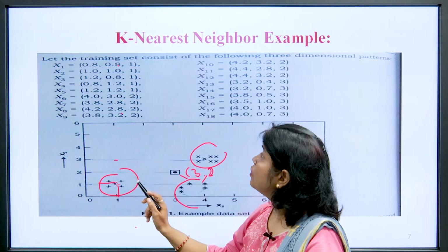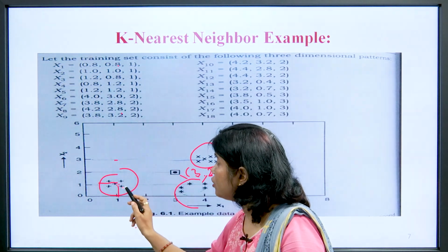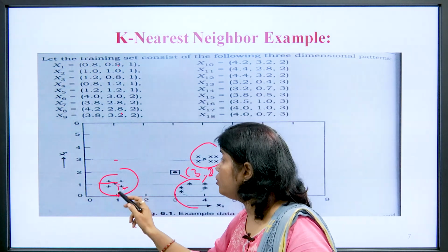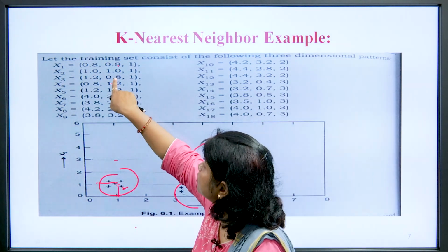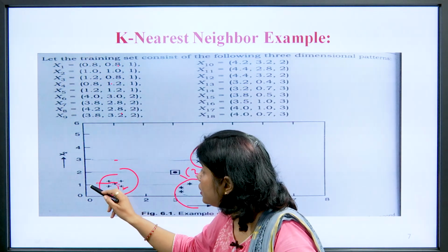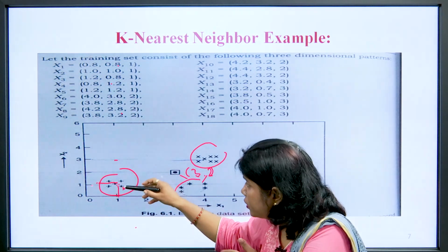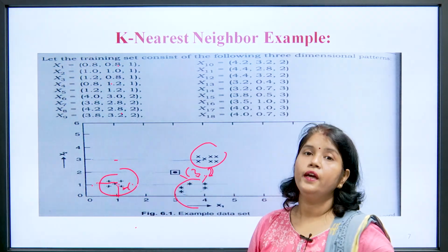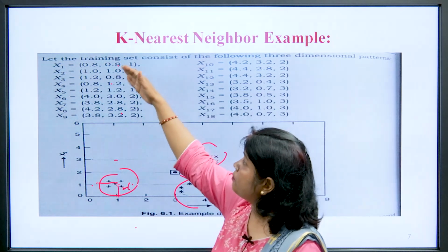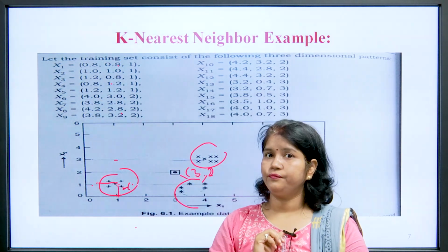So 1.2 means we are talking about this data point, 1.2 in the x direction and 0.8 in the y direction, just below 1. In the same manner each data point is given.